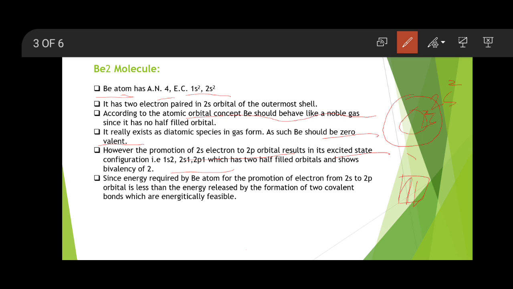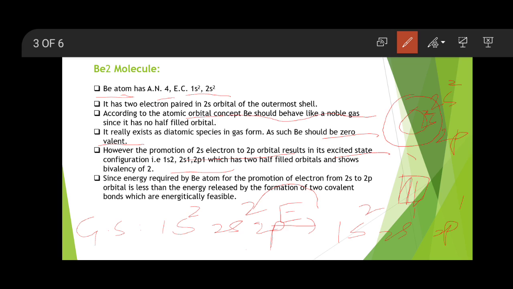That means in the ground state the electronic configuration is 1s2, 2s2. But when you supply some amount of energy, what happens? In the ground state 2p has 0 electrons, because the second shell also has a 2p orbital. So there is excitation of an electron from the 2s orbital to the 2p orbital, and therefore the electronic configuration becomes 1s2, 2s1, 2p1.